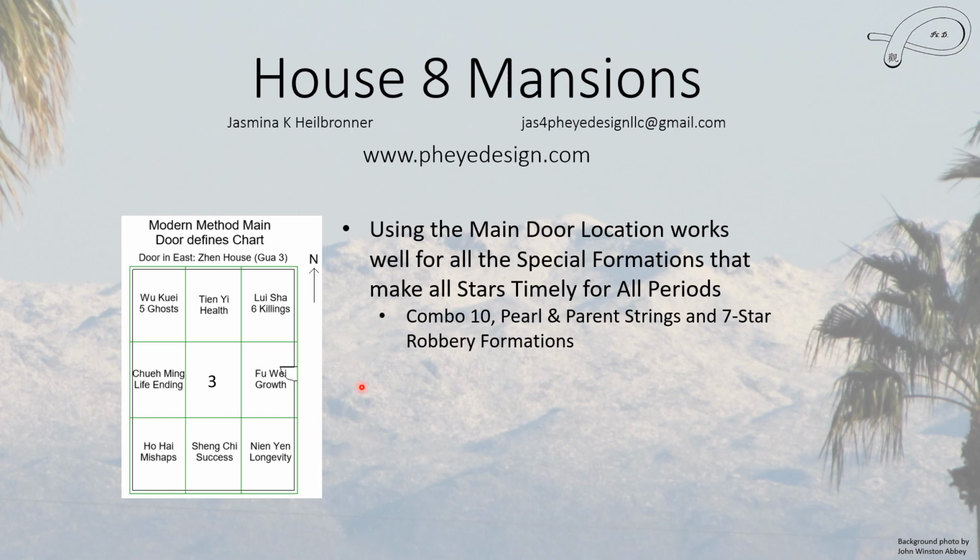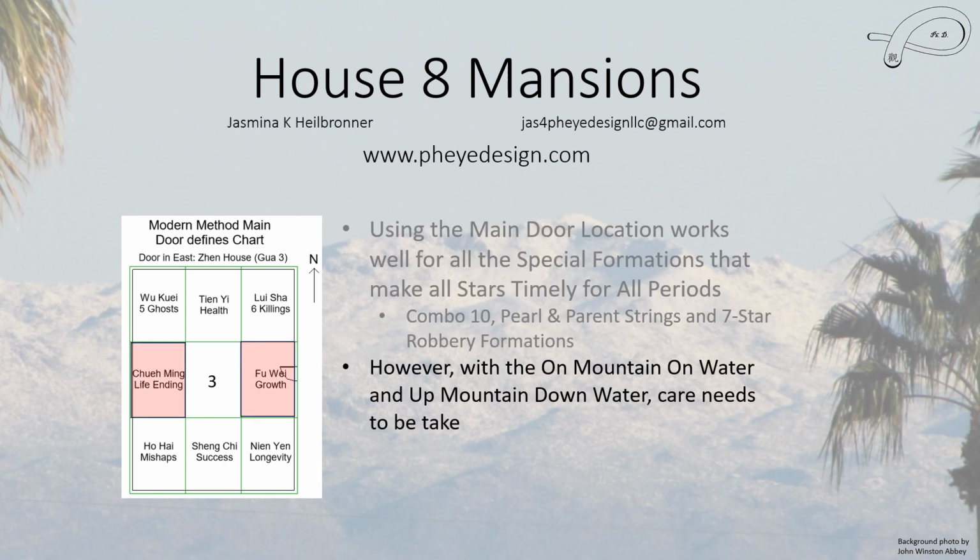And you can still have a facing sector here and your main door here, and that still is okay. It's not as common, but it can happen. So this works well, at least if you care about the 8 mansions.